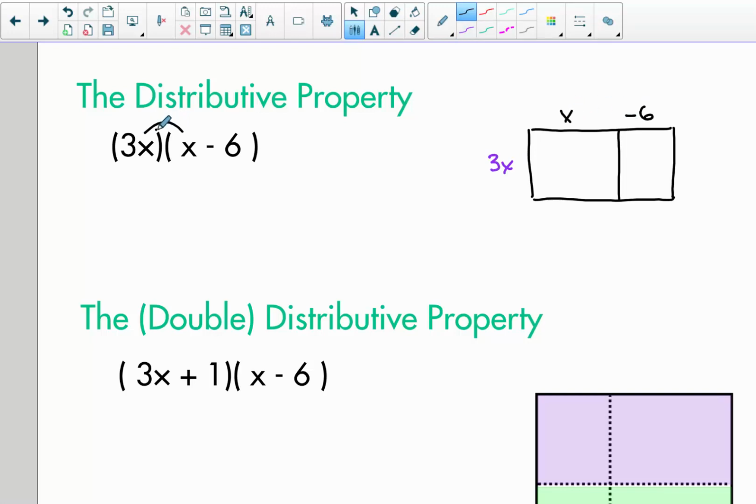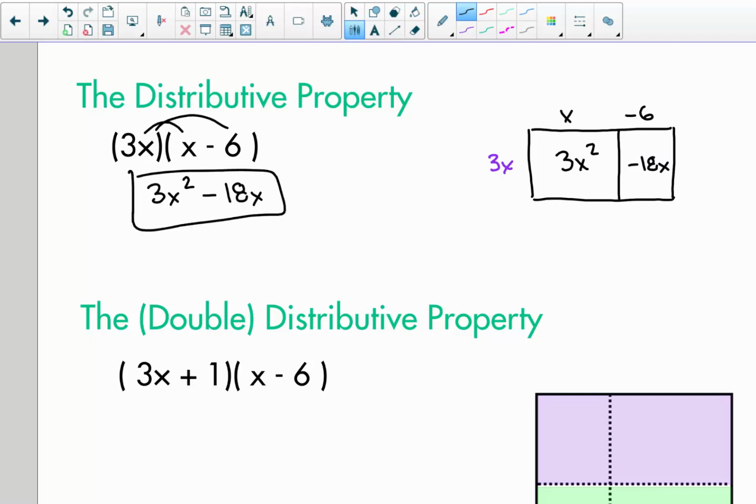That would require you to do distribution, which you've been doing all year, to get 3x times x, 3x squared, minus 18x. So that would be your expression, and that expression is exactly the same value. We'd say those are equivalent expressions. There are two ways of writing the exact same thing. They still have the same value.